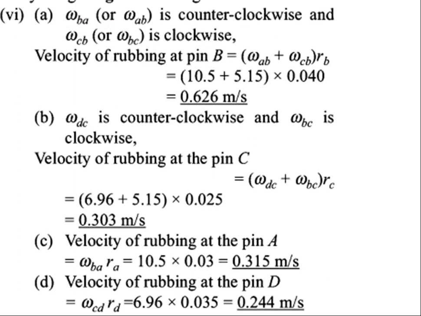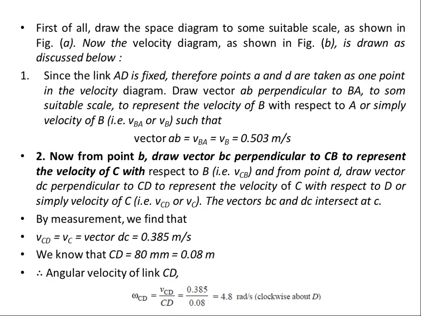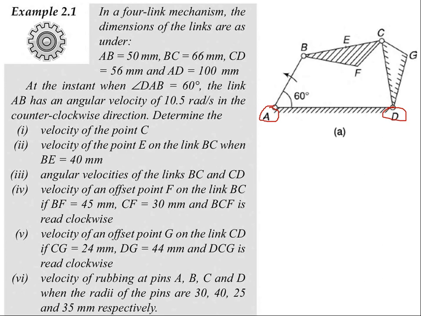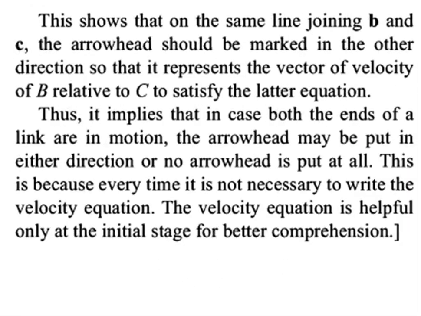Therefore velocity of rubbing at B will be omega AB plus omega CB multiplied by RB. The radius is already given in the question, you can see here. So the radius corresponding to A is 30, for B it is 40, C it is 25, and for D it is 35. So respectively they are given.